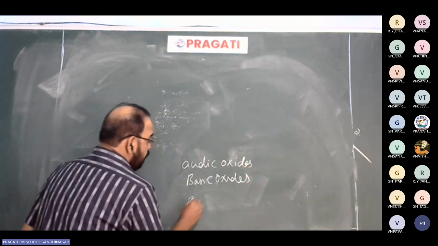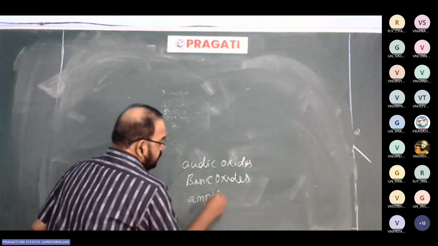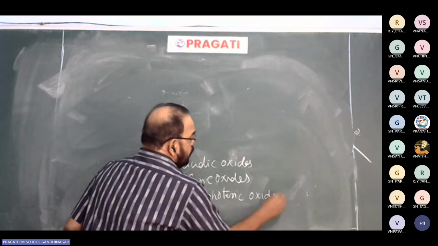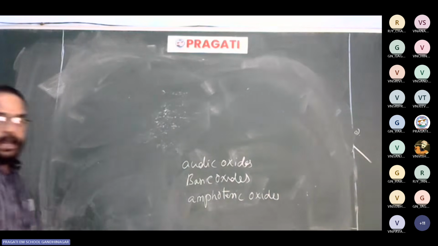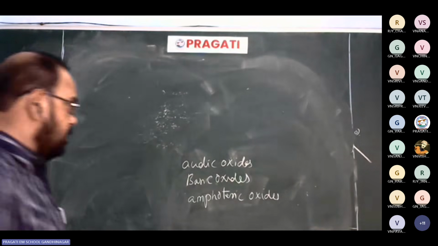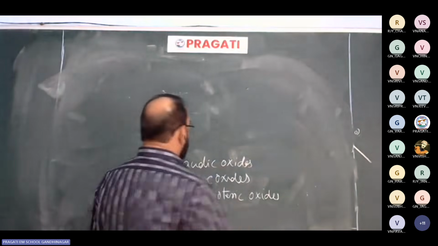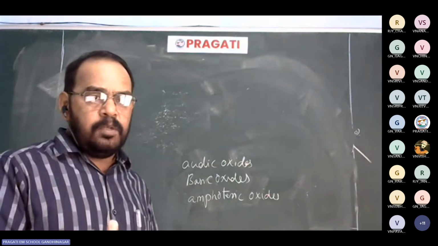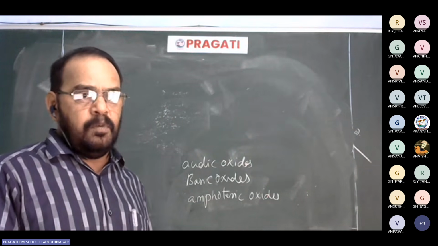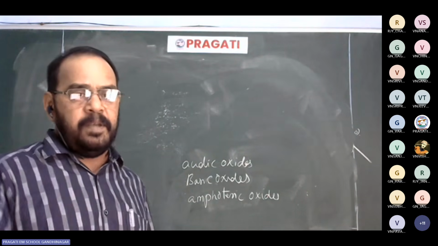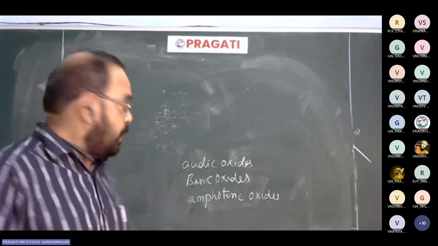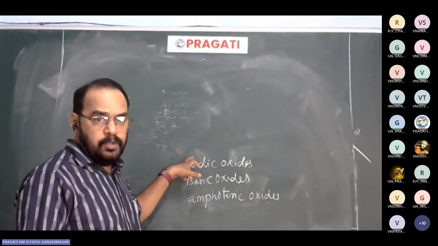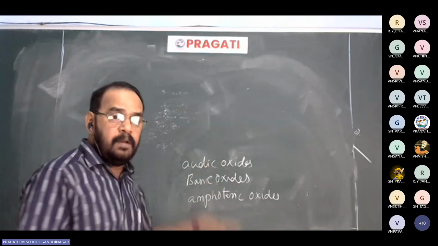They will ask for examples, and amphoteric oxides. In this, all metallic oxides are basic oxides and non-metallic oxides are acidic oxides. You can write any example. Basic oxide means like calcium oxide. Any metallic oxides are basic oxides: sodium oxide, potassium oxide. Here you can write carbon dioxide, and also sulfur dioxide, sulfur trioxide.